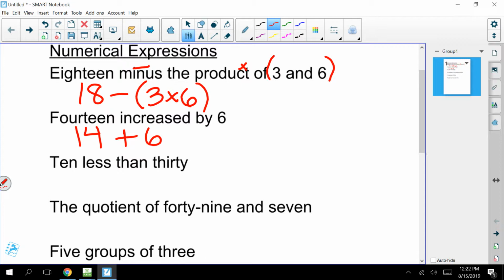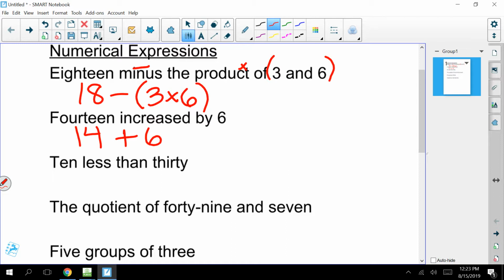You do not have to tell me equals 20. If you put equals 20, then that's no longer called an expression. It's now called an equation. So expressions do not have equal signs. Unless it tells you to write the numerical expression and evaluate, then you can give me the answer. But if it's just asking for the expression, this is all you do. Okay?